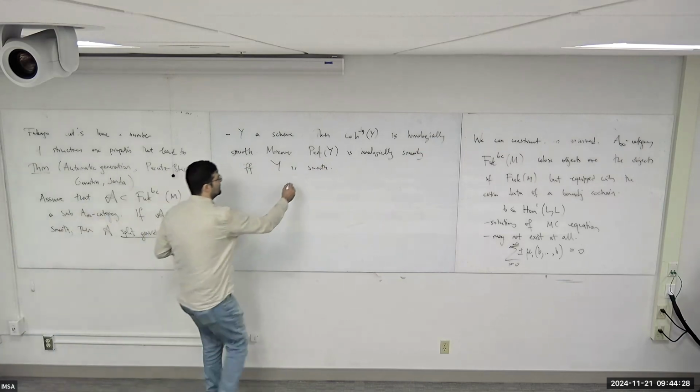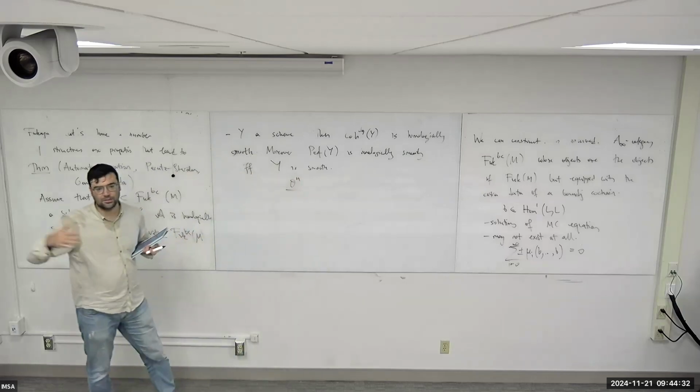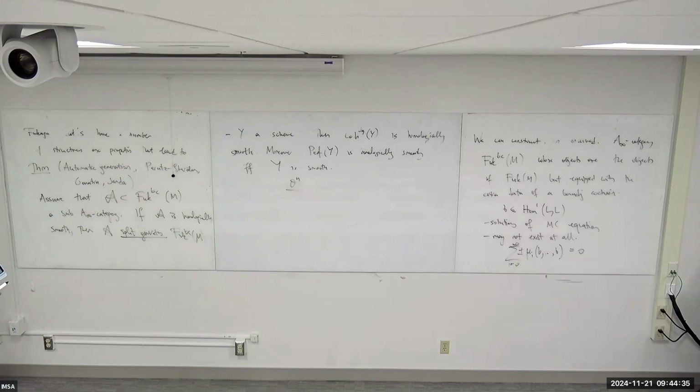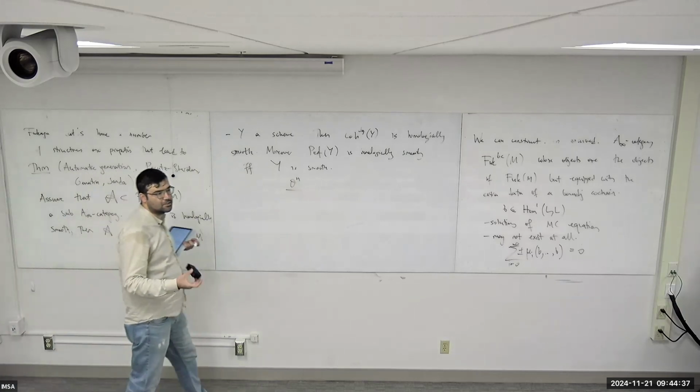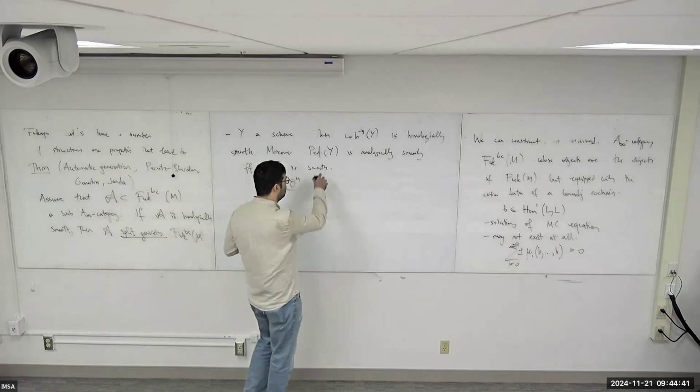Just some of these guys. Or the structure sheaf can be built by taking cones over the structure sheaf. Locally, not globally. That's what perf means.